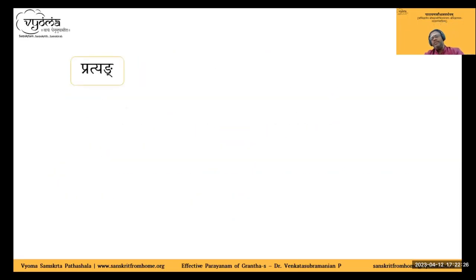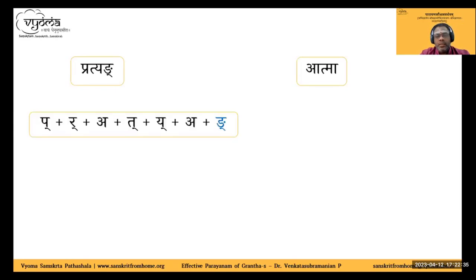Let us take another example. Pratyang Atma. Now in this Pratyang, you split that entire word. Na is the ending sound. A is the starting sound. Now there is a samhita between these two letters. Now what happens? Pratyang Atma.